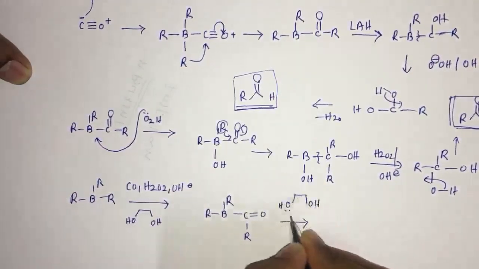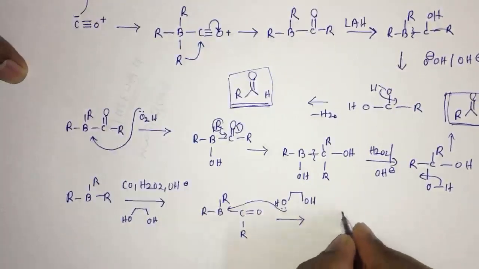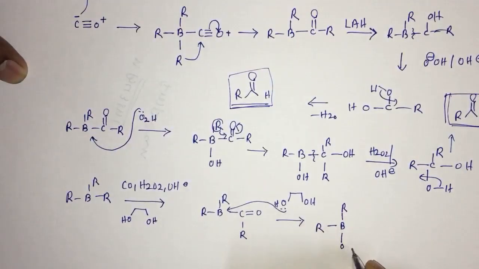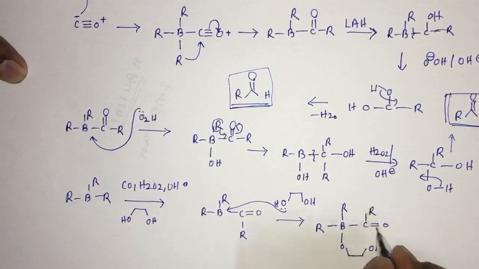So here the lone pair which is present on the oxygen attacks the boron. R, O, OH. Now this bond goes like this.